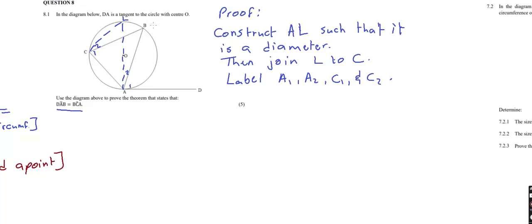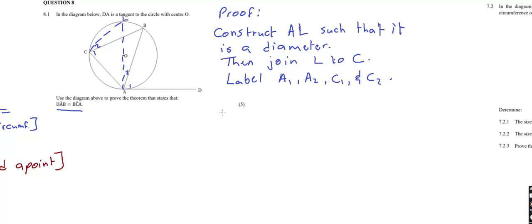Now, if you're looking at LB subtends C2 at the circumference. It subtends this angle here, that is LB, the arc or the segment, and also the same segment LB subtends A2 here.